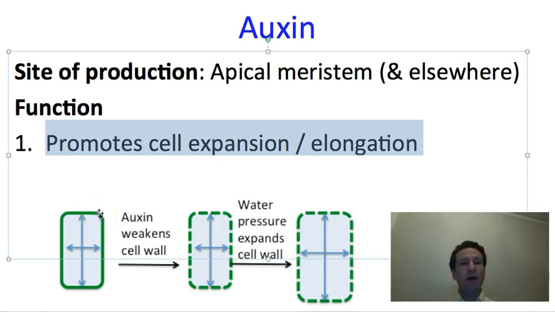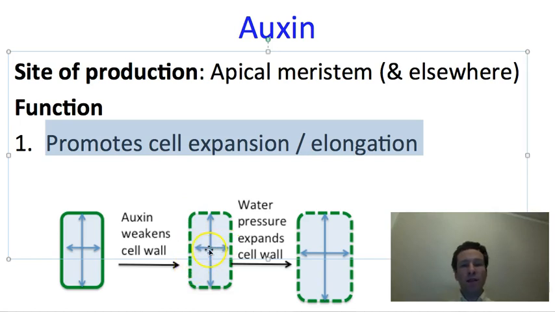And this means that once they've hardened, the cell really can't get any bigger. But there's times when the cell needs to continue to elongate, or at least it needs to delay hardening until it gets as large as it needs to be. Auxin helps with this process. We won't talk about the specific mechanisms, but it does a couple of things that weaken the cell wall.